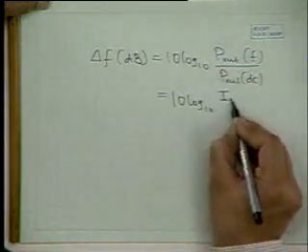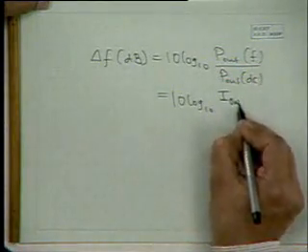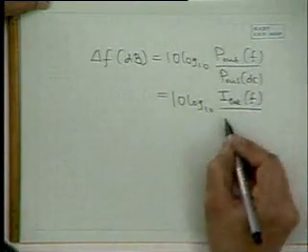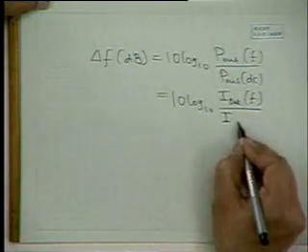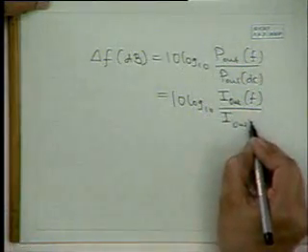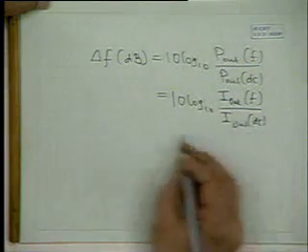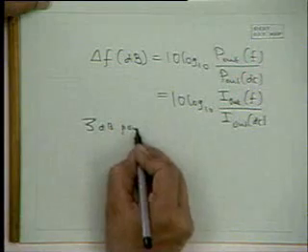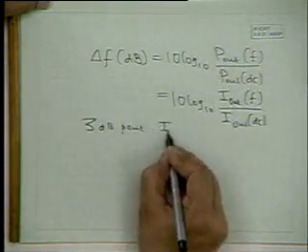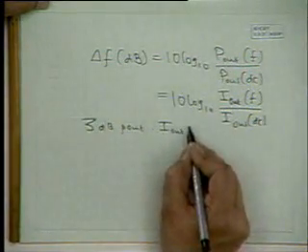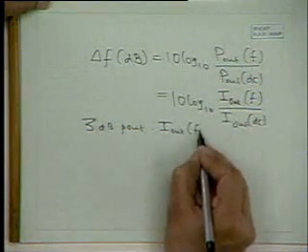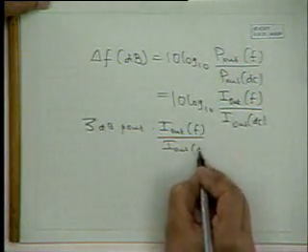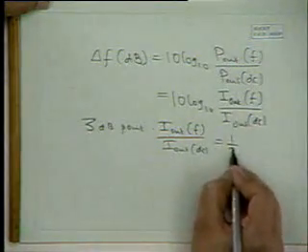You measure the output at a high frequency and at DC, and you compare the two. So the 3 dB point here is I output F over I output DC, which is just half, which is what I've drawn.